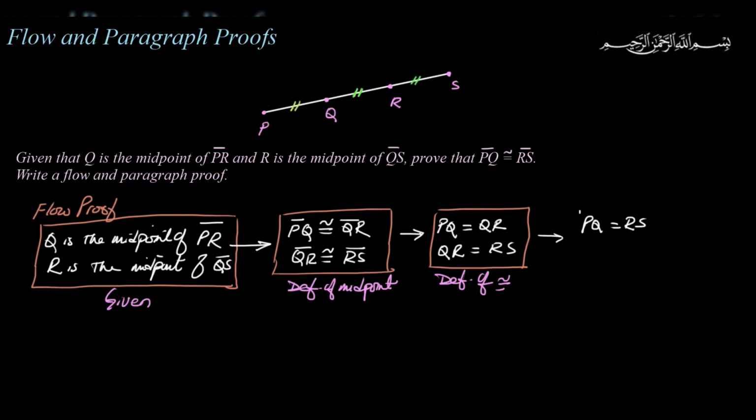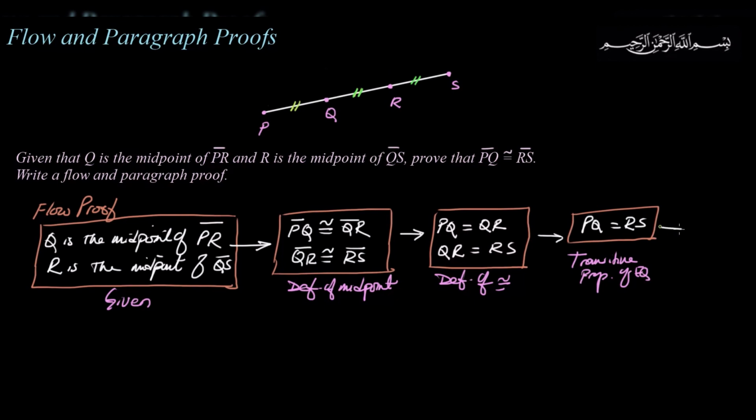So why can I say this? Because of the transitive property of equality for real numbers. And am I done here? No, we're not done, because the question asked to prove that they are congruent. It didn't ask me to prove that they're equal.